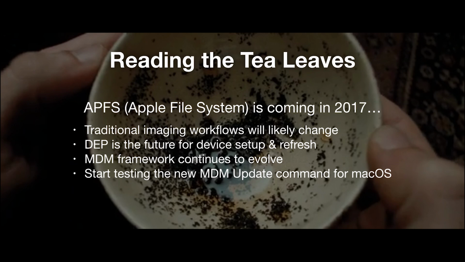We'll likely see that too for refreshing machines. We also know that the MDM framework is continuing to evolve, which means you want to start testing that new MDM update command for macOS, because that will more than likely be one of the best ways to update your Mac operating system moving forward.